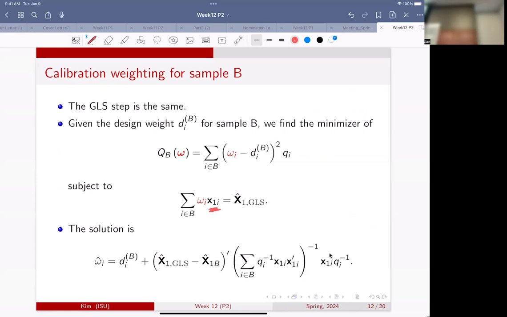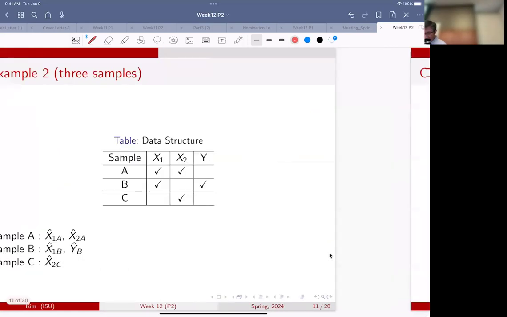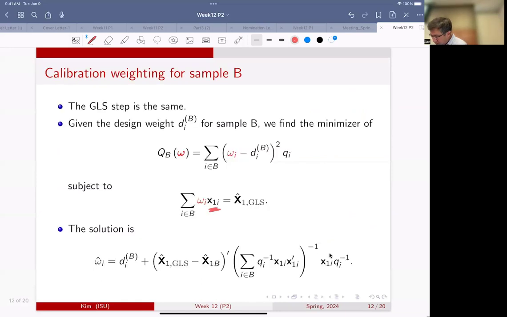So you cannot gain anything better than this one. There's no way you can come up with a better estimator than this GLS estimator. So my calibration basically matches the best estimator.